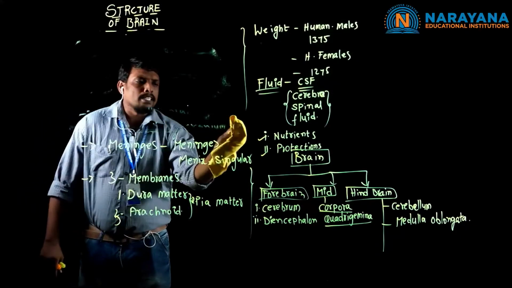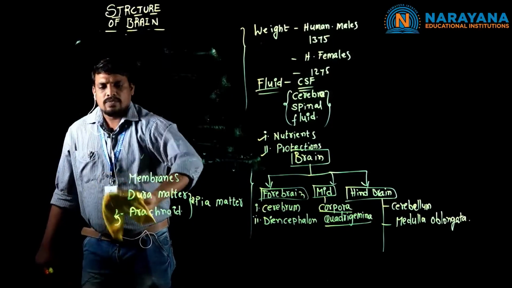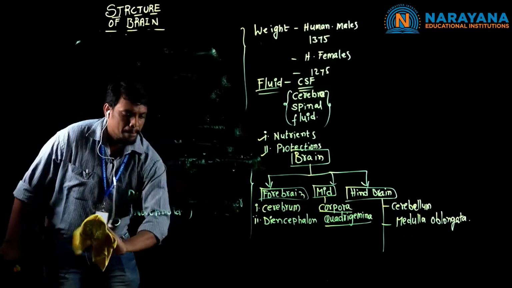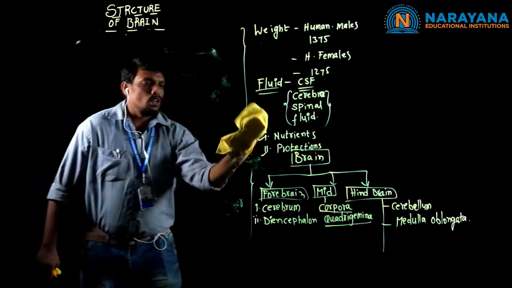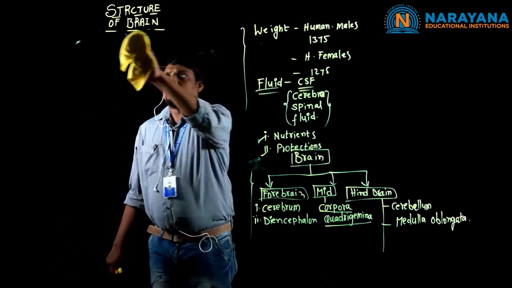Sir, can you display the next picture? I want to show the 3 divisions of the brain. Let us see the picture. One more interesting picture that shows 3 major divisions of the brain.